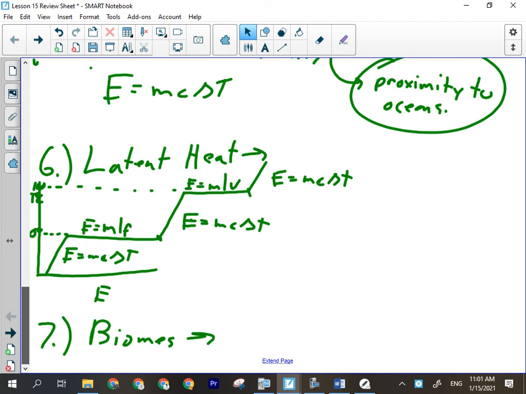The specific heat capacity problem. The latent heat problem. And then there's a question that asks you to explain the relationship between three things: energy transfers, latent heat, and the water cycle.